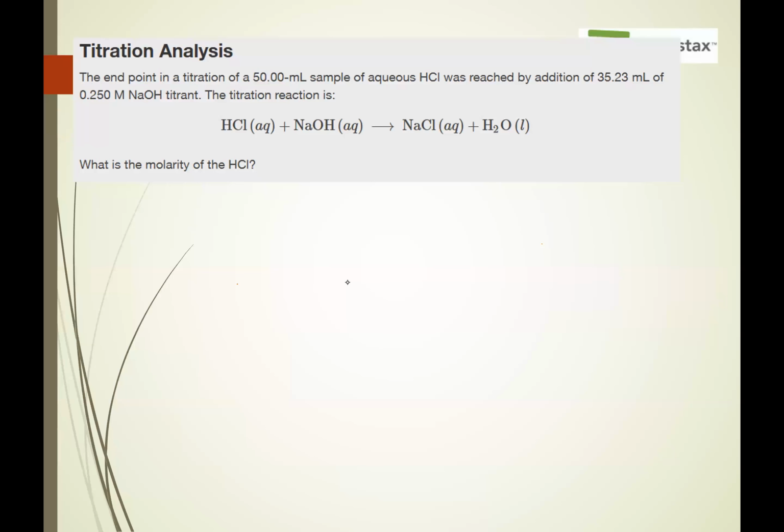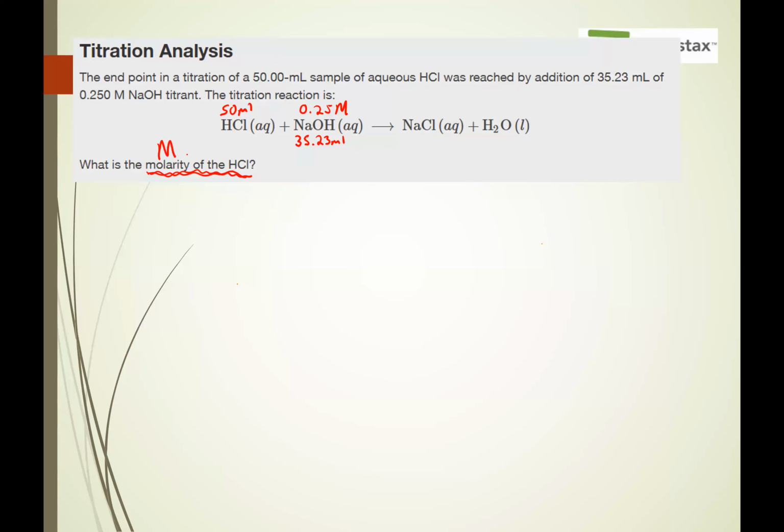All right, so the 50 milliliters is going to go with who? HCl. Worry about my sig figs in the end. 35.23 is going to go with what? NaOH. And then 0.250 M goes with NaOH. Okay, now what do we want in the end? Molarity of HCl.